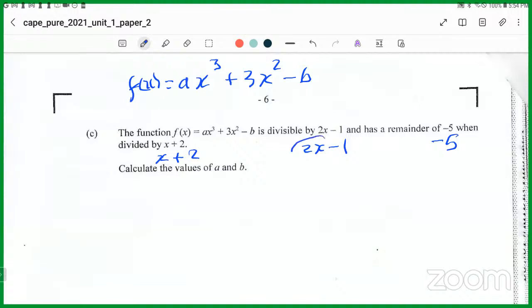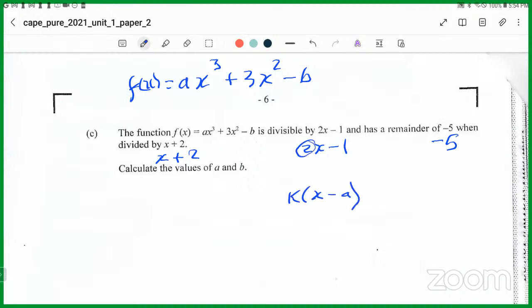So if this is a factor, guys, what is the a in this expression? 2x minus 1. To find the a, a quick way is to put it equals 0. I make x the subject, x equals half. But theoretically, what you do is factorize away the 2, because you want the divisor to be in the form k into x minus a.